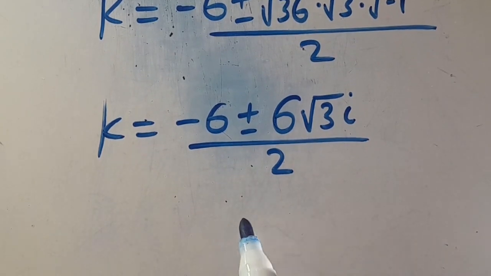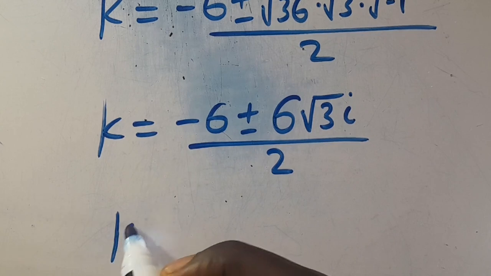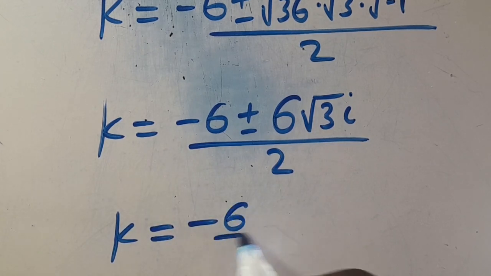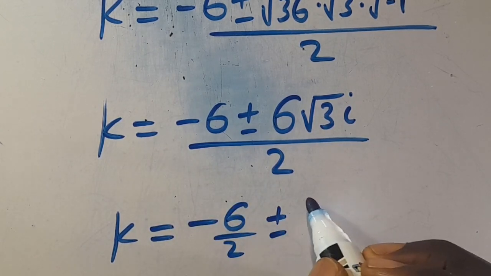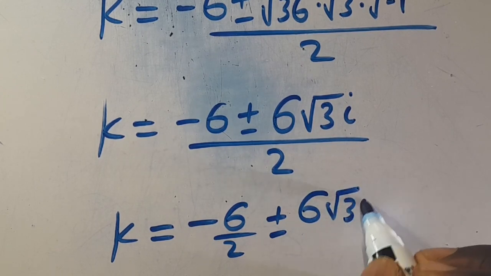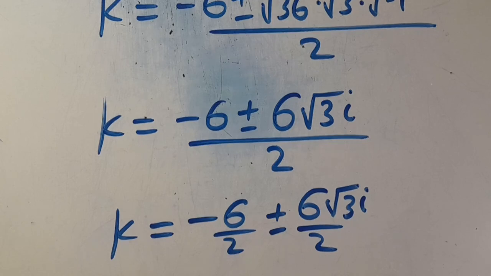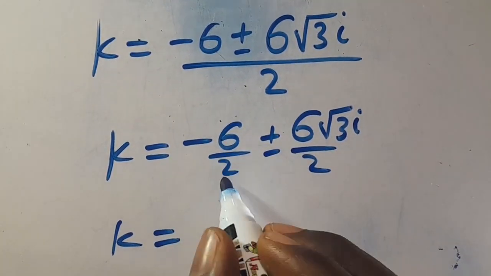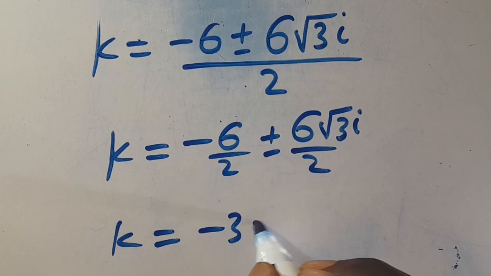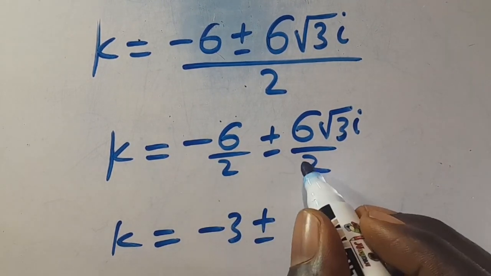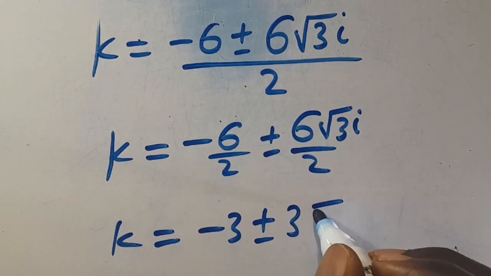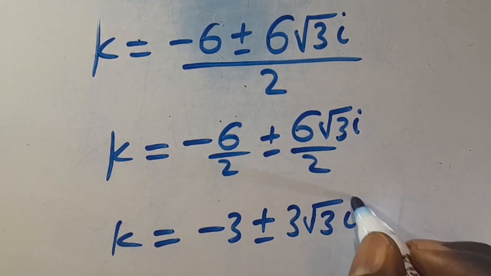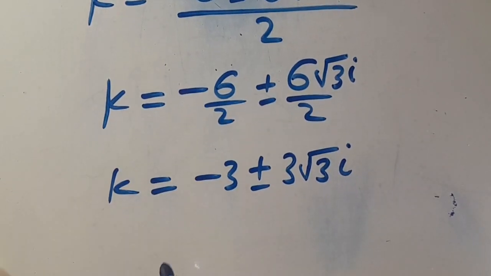So from here, let's distribute this for this. We have k equals minus 6 divided by 2, positive or negative 6 root 3i divided by 2. So we have k equals this divided by this, minus 3, positive or negative this divided by this, 3 root 3i, where we also have k equals 6.